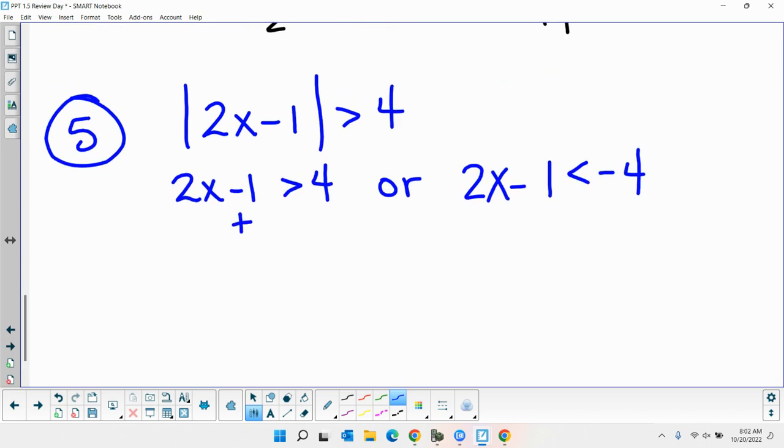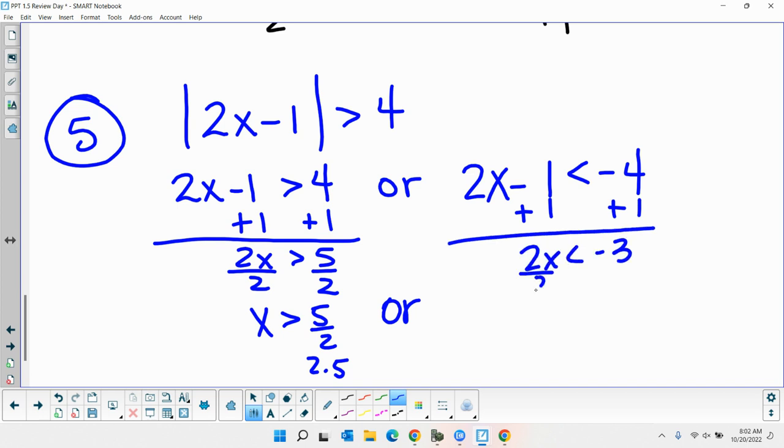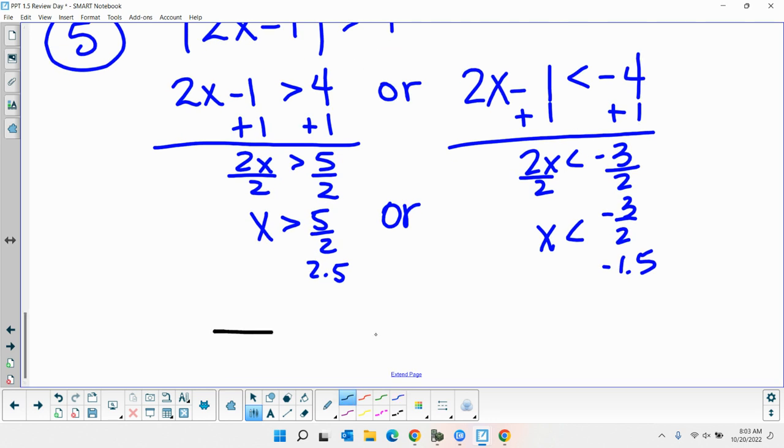So then I add 1 and divide by 2 for both. So 1's 5 halves, or you could write 2 1/2 if you want. Or negative 3 halves, which is negative 1 1/2. Right? So putting those in the right spot, the negative 1 1/2 would be the one on the left.